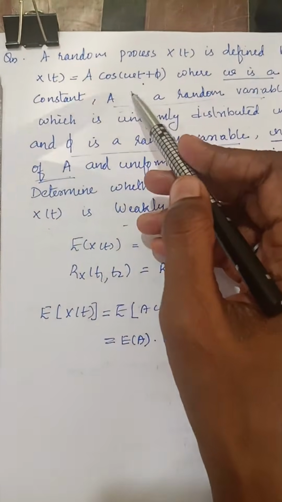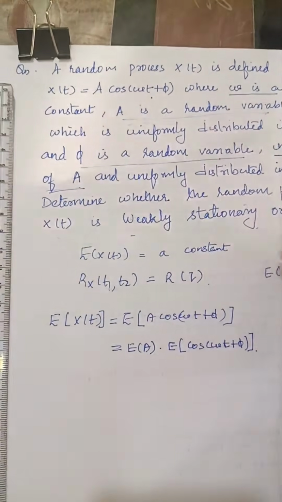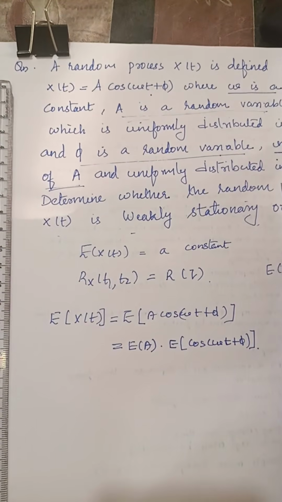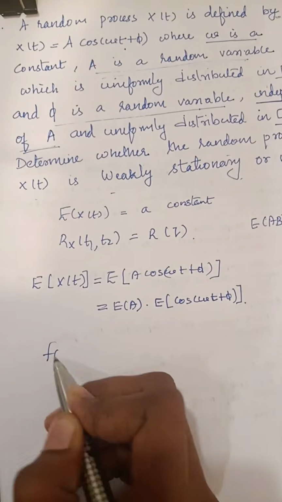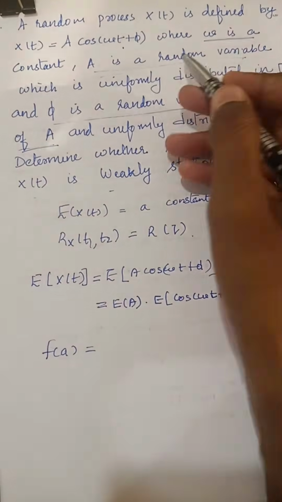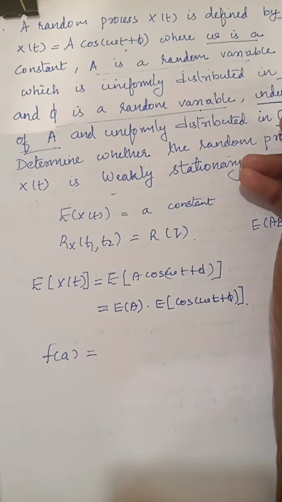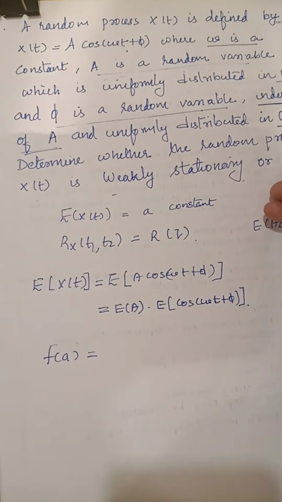We are given that A is a random variable uniformly distributed in the interval 0, 1. Then what will be f of a? It follows the uniform distribution, so it will be 1 by (b minus a), where a equals 0 and b equals 1.